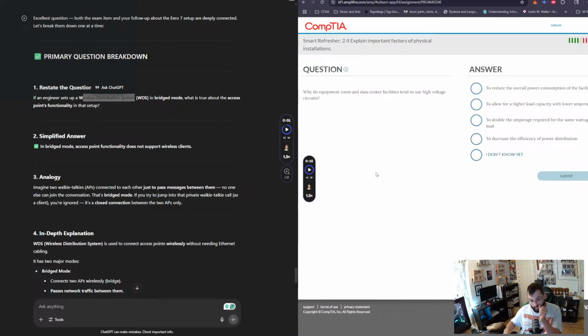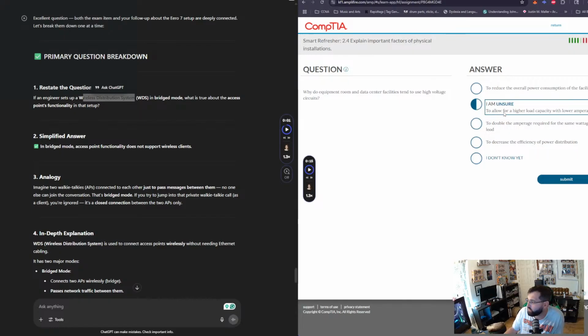Okay, so now you kind of use those two analogies in your mind. The more amperage you have, that is the amount of energy that is going through the wire, meaning it's going to get hotter. So if you increase the voltage and decrease the amperage, you are going to keep the same output, but you are going to lower the heat that the power is creating. Okay, that was a really bad explanation, but I think I got through it.